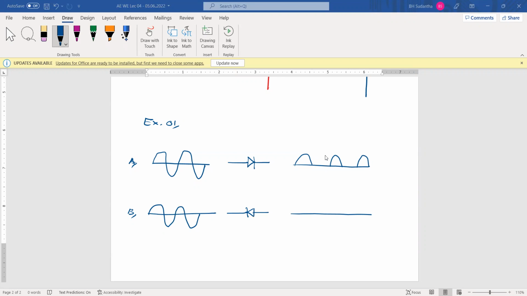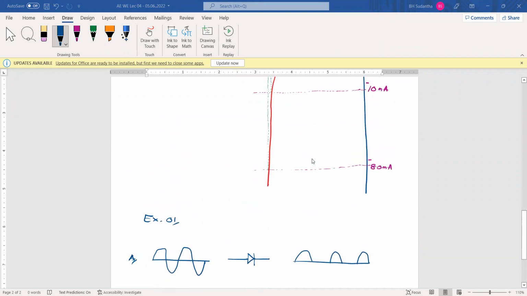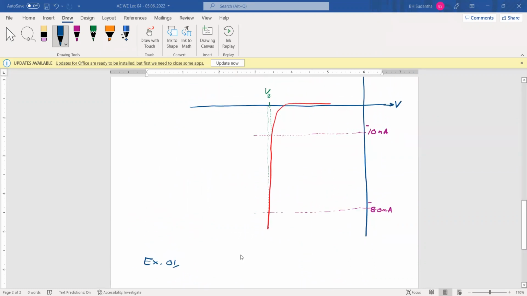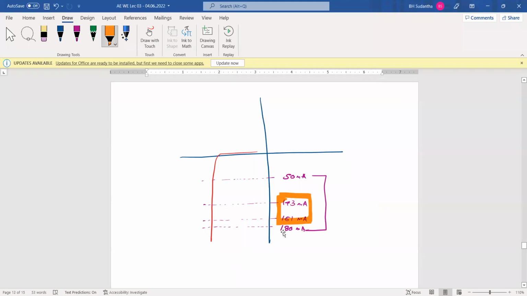Diliti asked the question, how did you get 50 milliampere and 180 milliampere in the graph? I think you mean the previous one. Here, this one. Yes, I have taken that one.